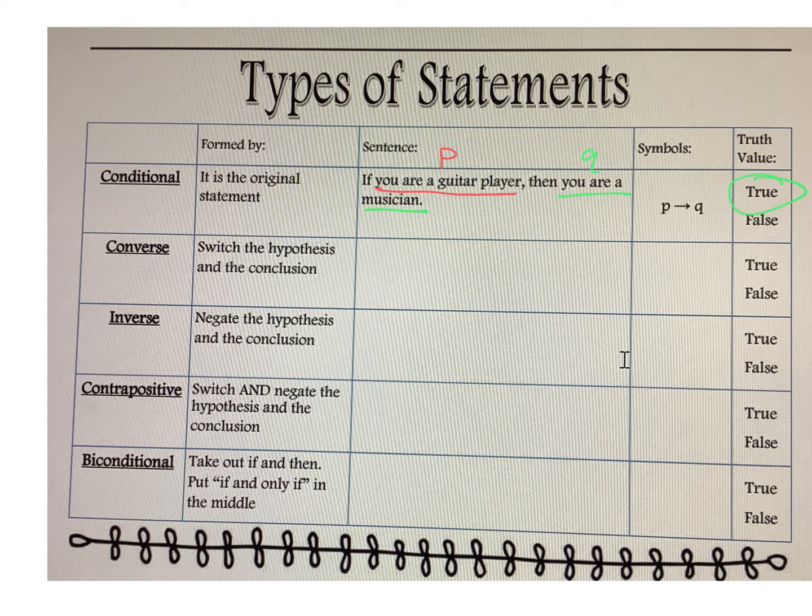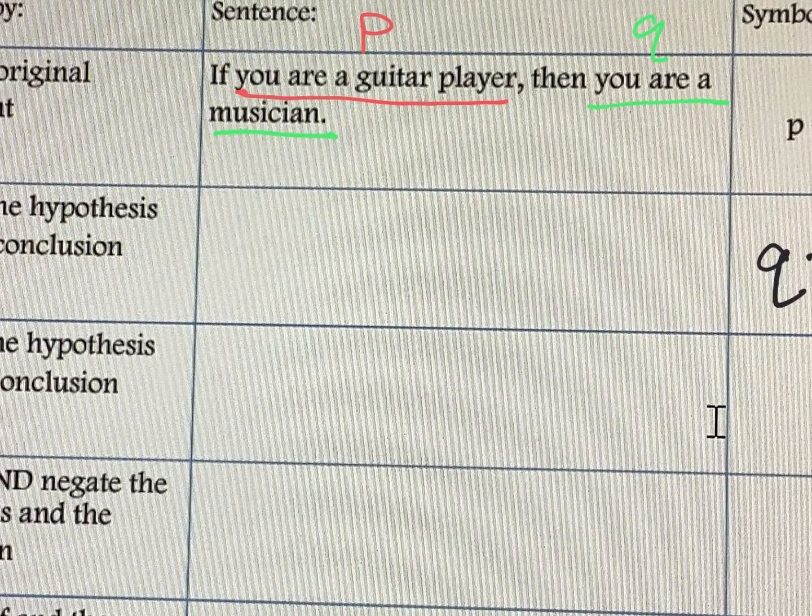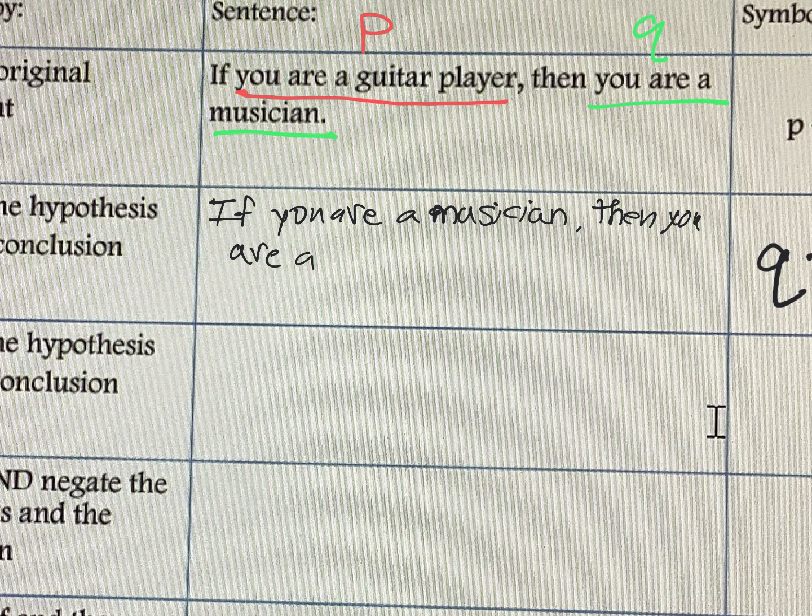So let's do the converse. The converse is slightly a little different. Okay, it's the same thing, but it is switched. So we're doing if Q, then P. So when I'm writing this time, what I'm going to do is if you are a musician, then you are a guitar player.